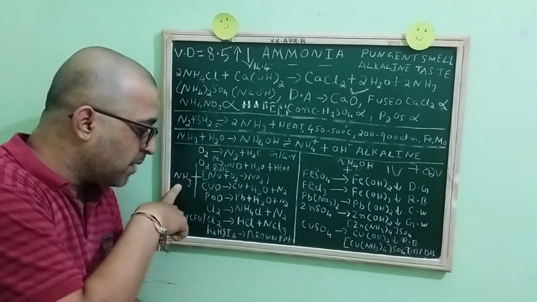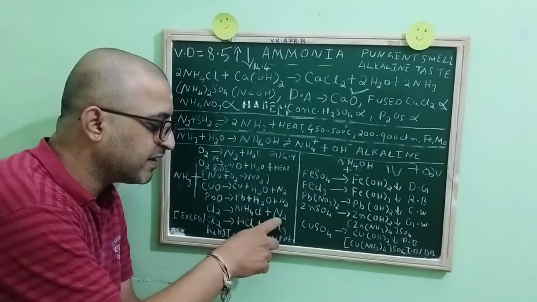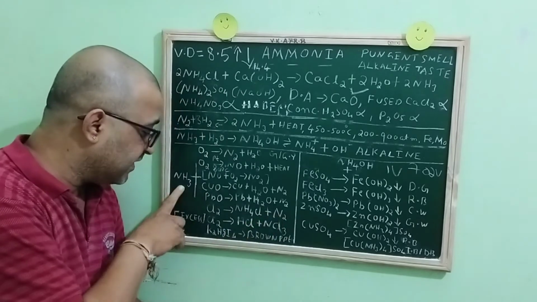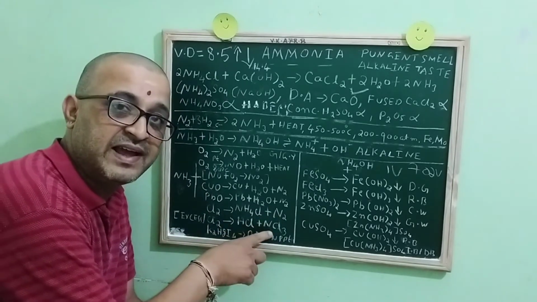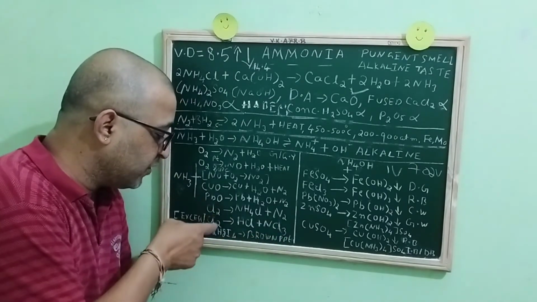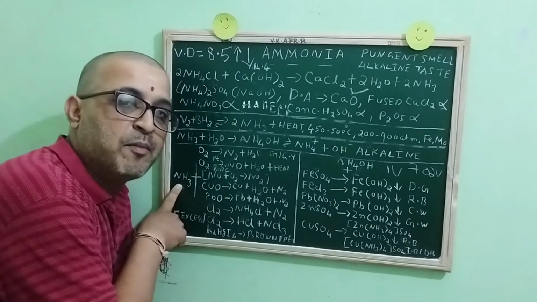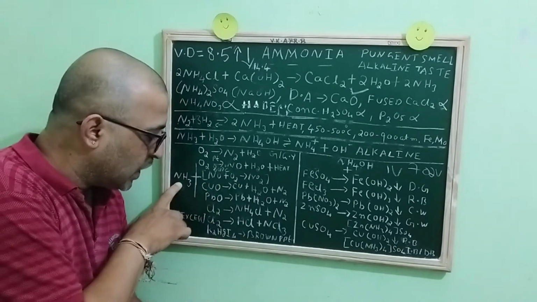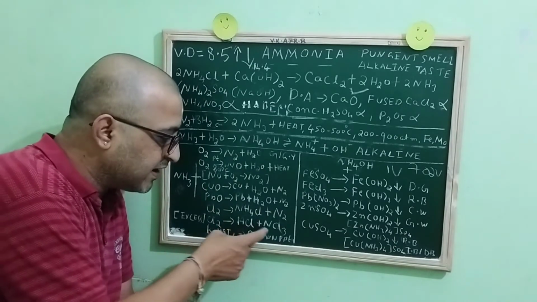Now children, ammonia with chlorine will give you ammonium chloride plus nitrogen. And the same ammonia with chlorine will give you HCl and NCl3. Children, in both reactions, chlorine is oxidizing ammonia. Now when will you get ammonium chloride and nitrogen, and when will you get HCl and NCl3?